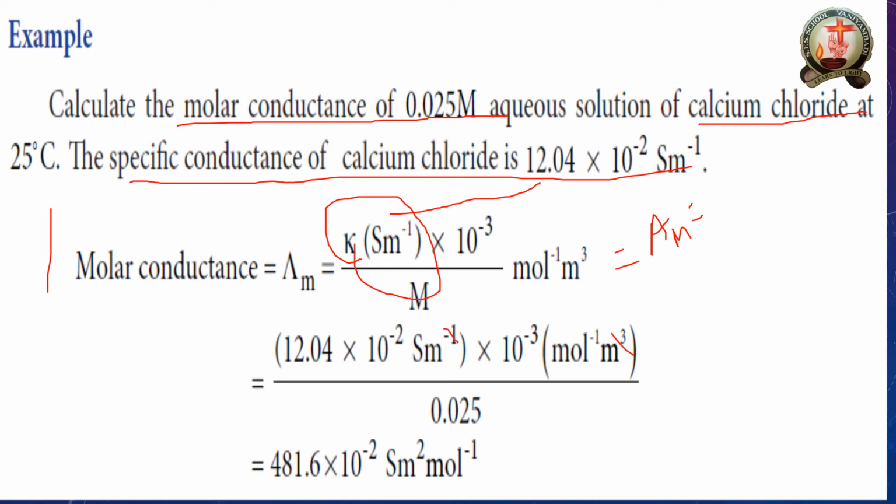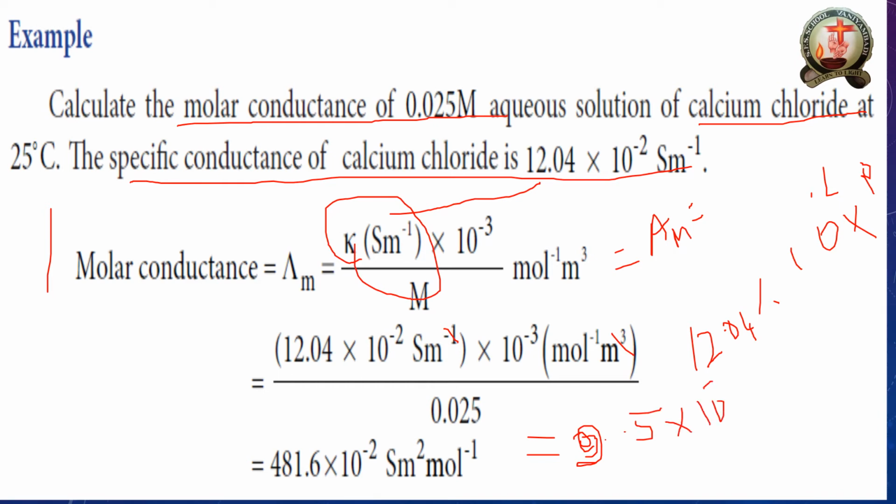We get here 112.04 into 10 to the power minus 2, and this 10 to the power minus 3. Here we can write 2.5 into 10 to the power minus 2.